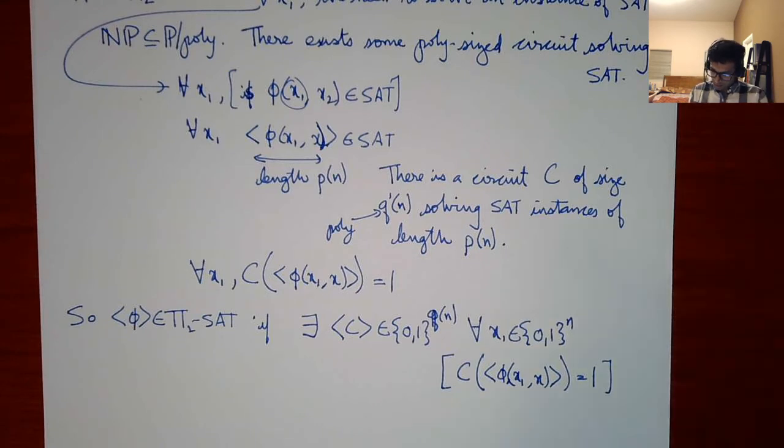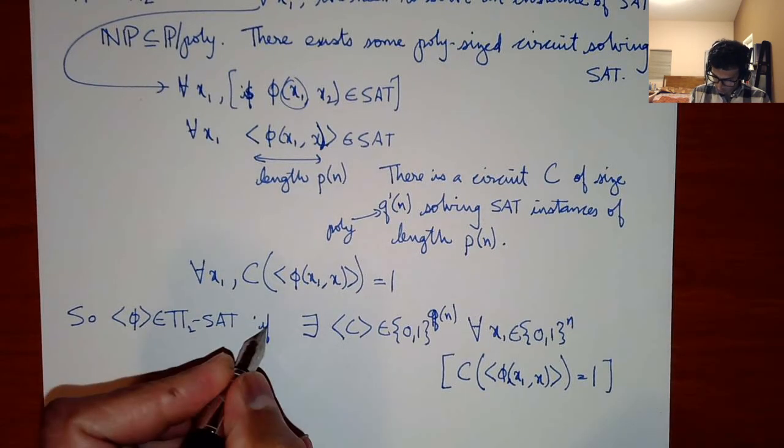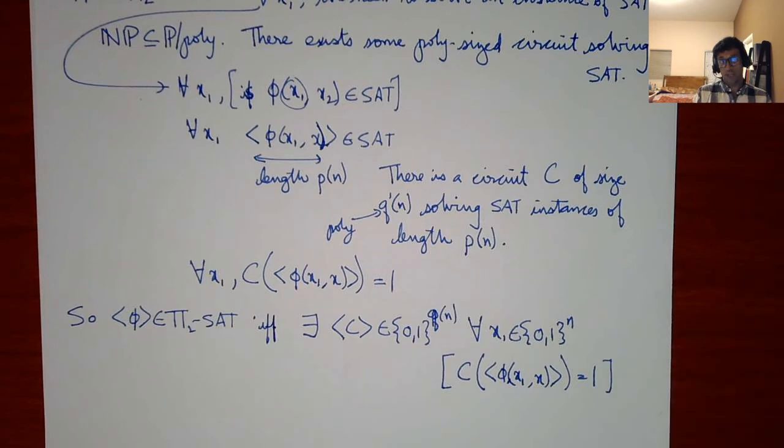Indeed, I want to say not if, but if and only if. That's what I need to show that this is in pi 2. I need to do if and only if. So where's the catch?